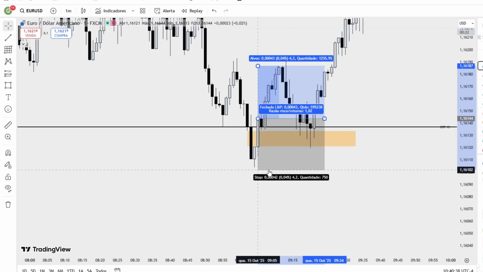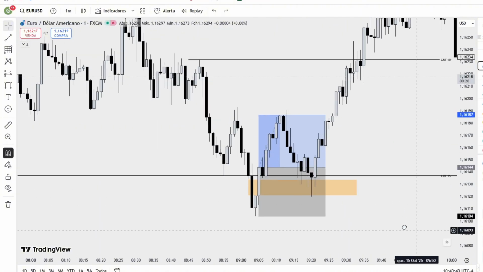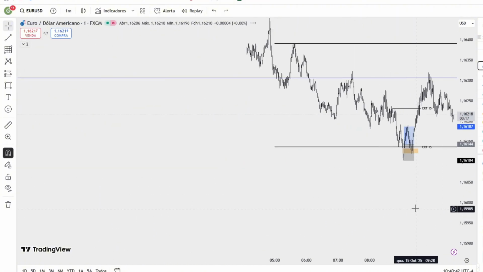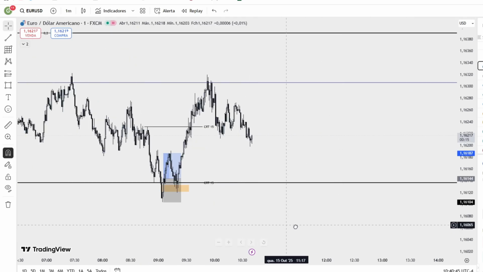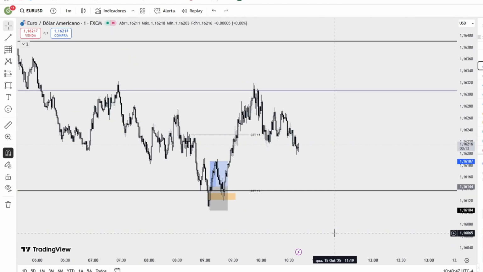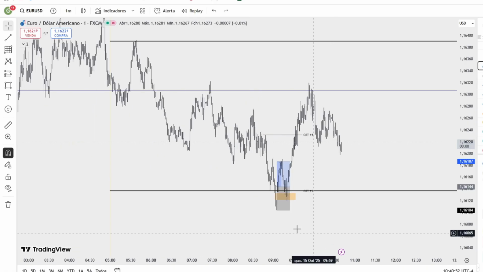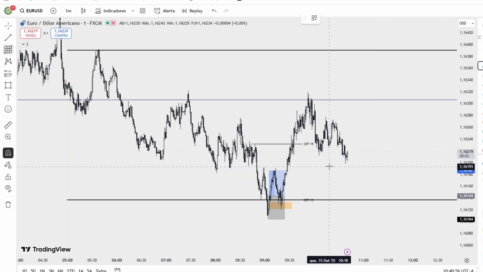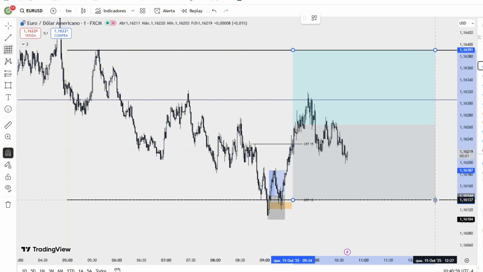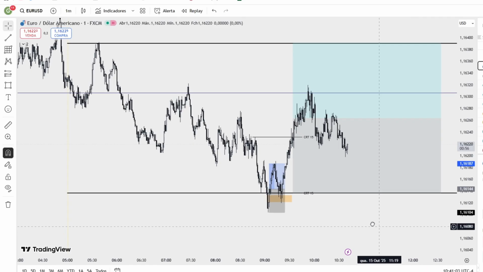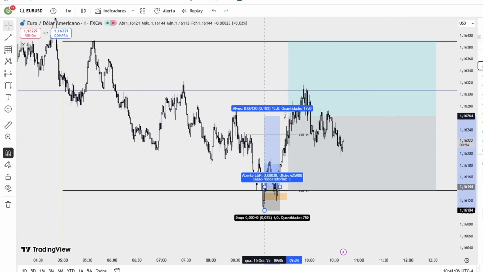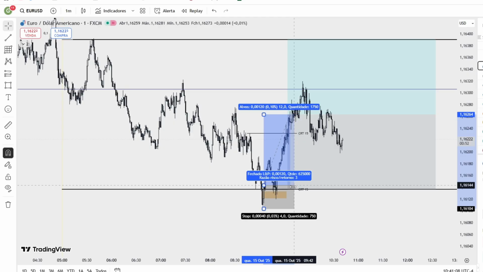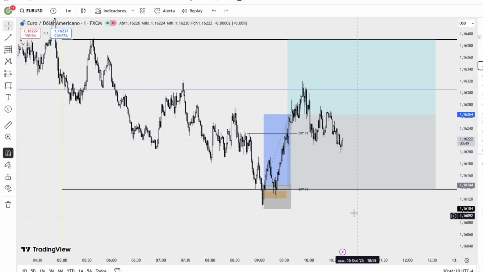So stop below, and for our target, we are in a major downtrend here, so you don't want to hold this trade too long. So I took the 50% of our 5 AM candle, it comes right here, and this is my exit, exactly a 3R trade.